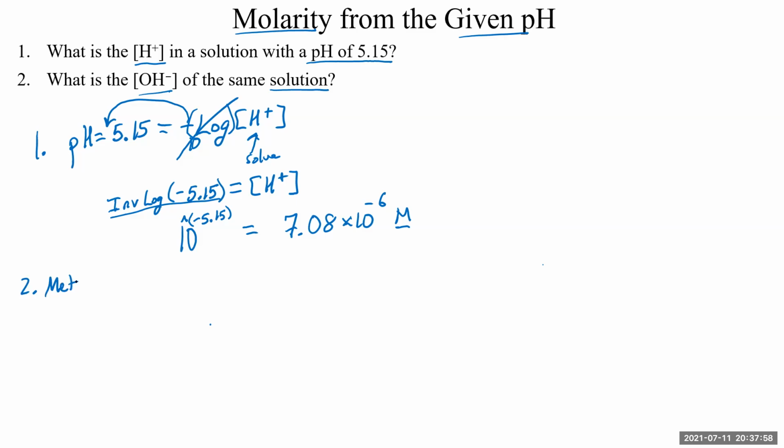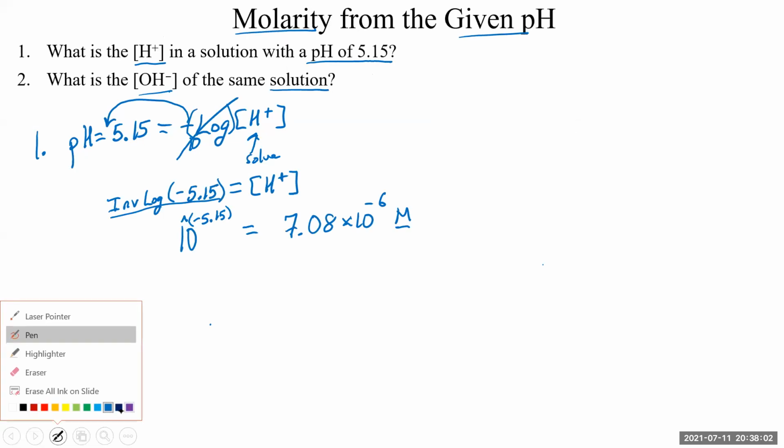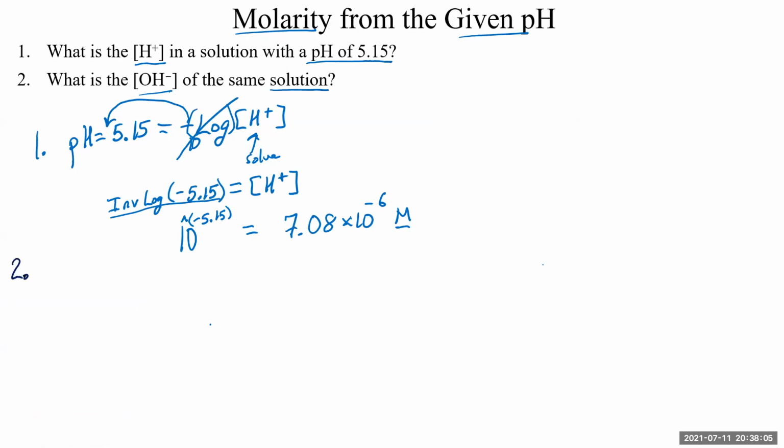Method number 1. I'm going to use this fact. It's a formula, but it's also a fact: the product of the hydroxide and hydrogen ion concentrations in any solution is 10 to the minus 14.